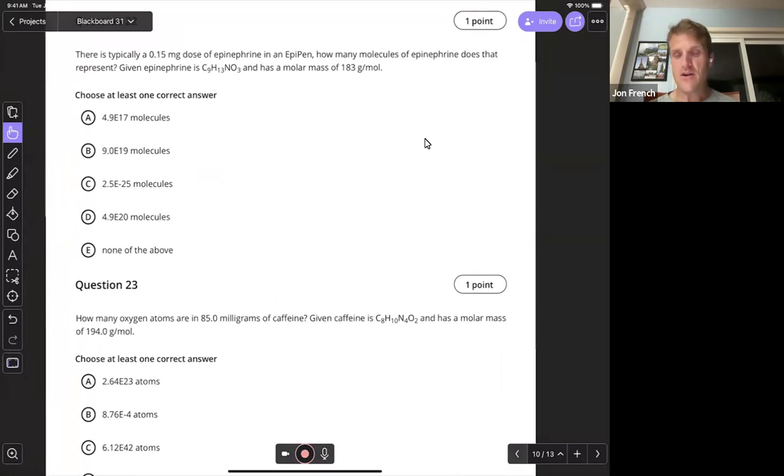I can tell you today, right now, there is going to be a question like the one we're looking at, like question 22 and question 23, on the exam. Is the mass the same? No. Is the formula the same? No. But the steps to solve it are going to be the same.